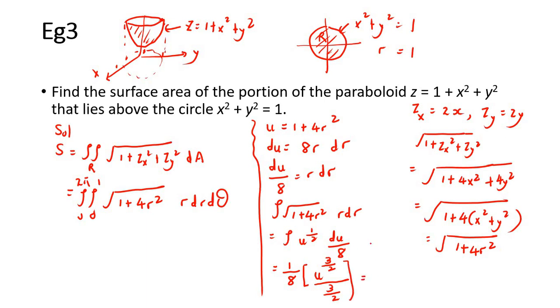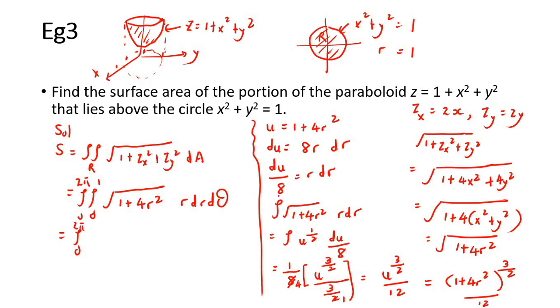You simplify it, 2 over 4 times 3, so you get u power 3 over 2 divided by 12. Now you put back the u, exactly what? 1 plus 4r squared, power 3 over 2 divided by 12.